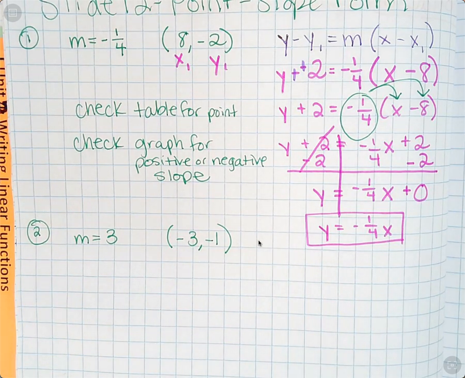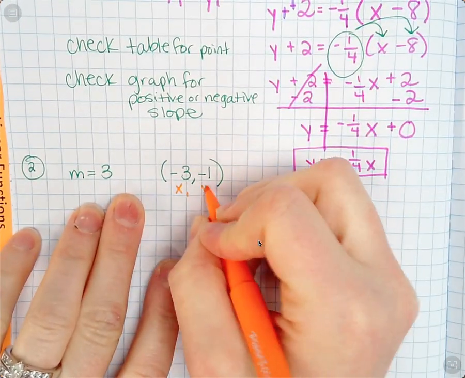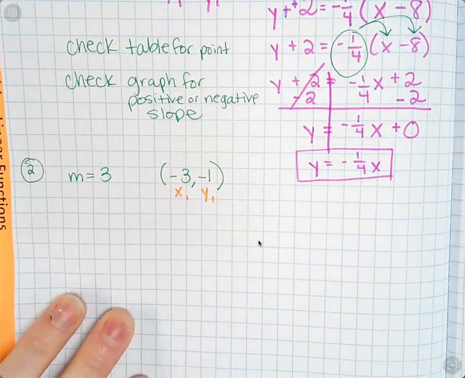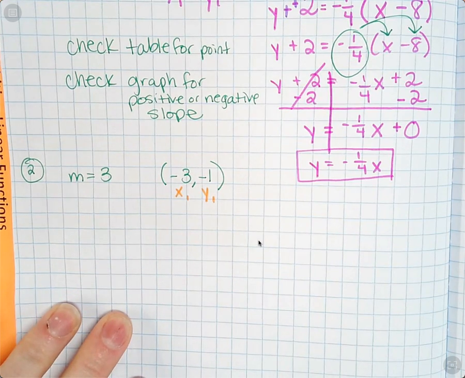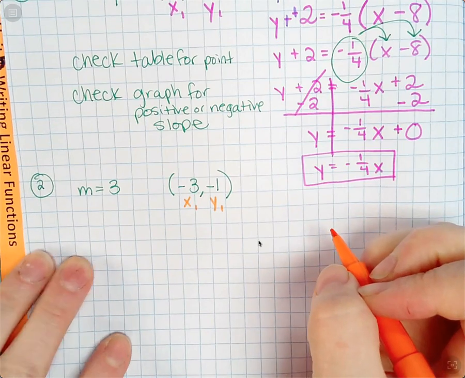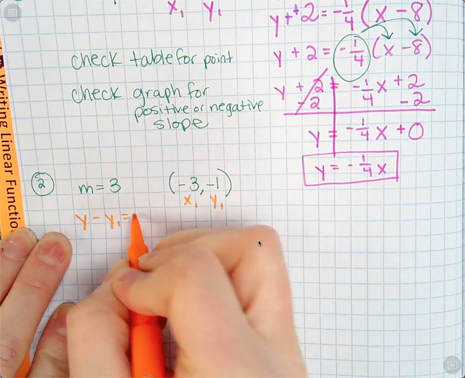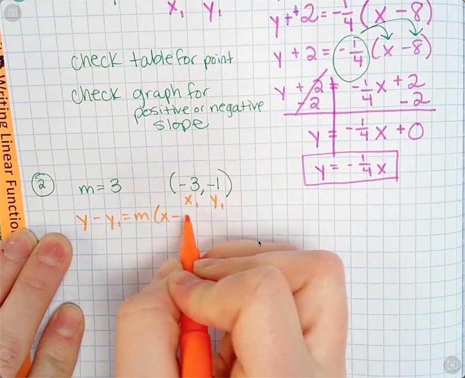So we have the slope written. We have a point. Let's label the point x1, y1. And let's write the formula. y minus y1 equals m parentheses x minus x1.